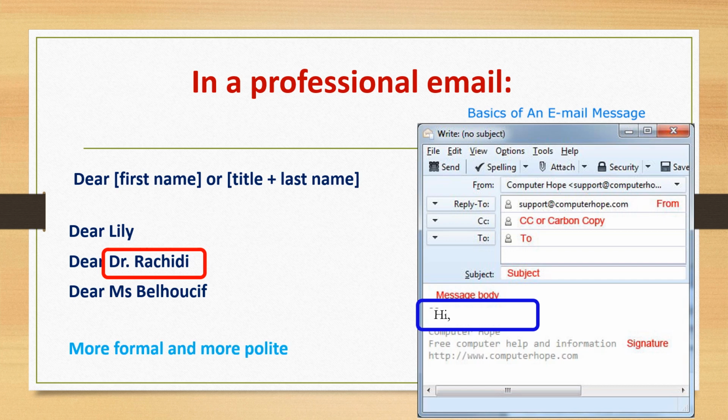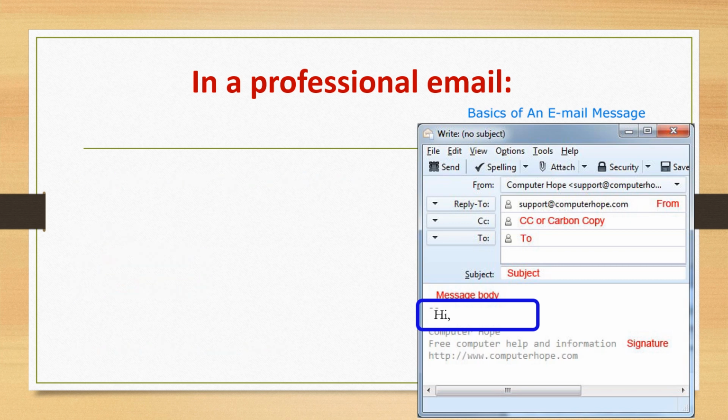Using dear is more formal and the most polite option for professional emails. We can use hi plus first name. This is the most informal and should be used with close colleagues or someone you know very well.